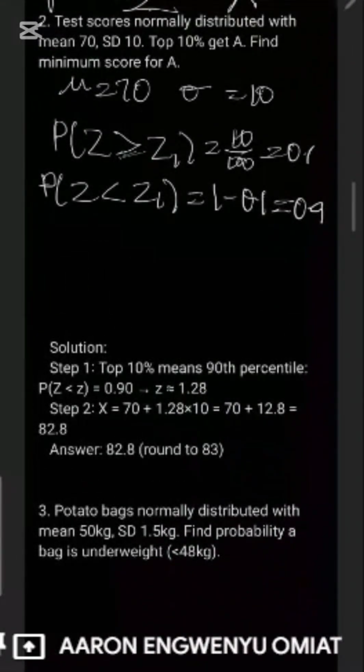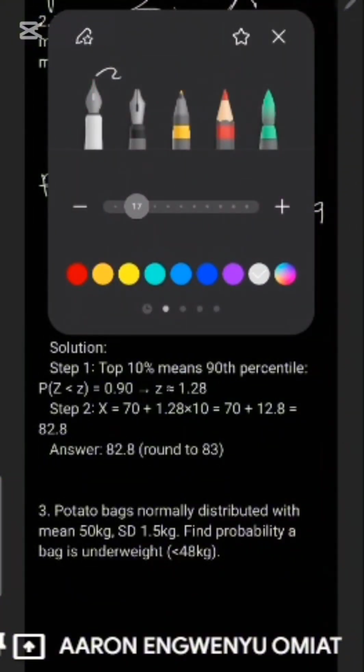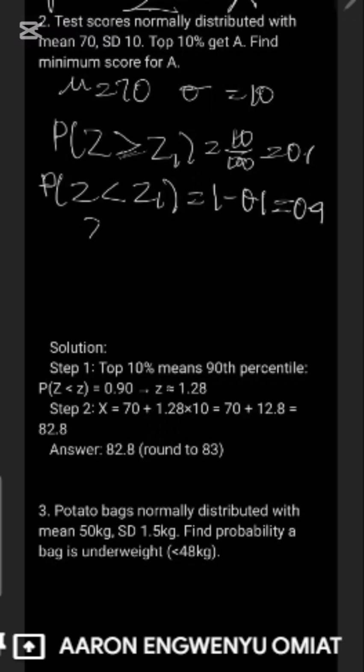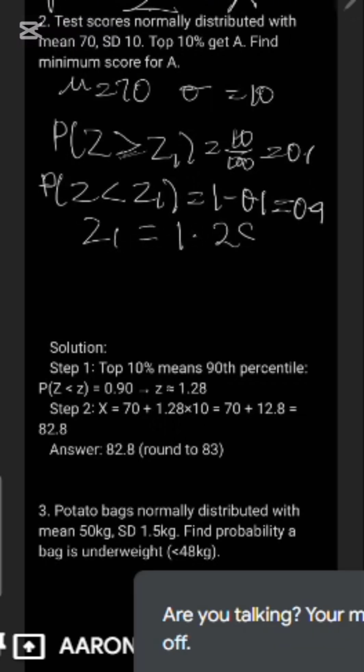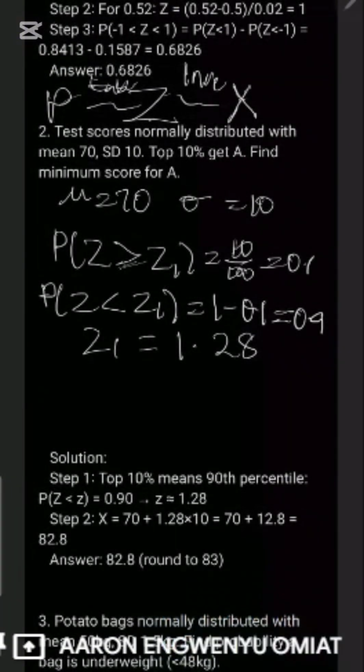So our Z1 will be equal to 1.28. Nice. What's our next step? Find minimum score. Yes.